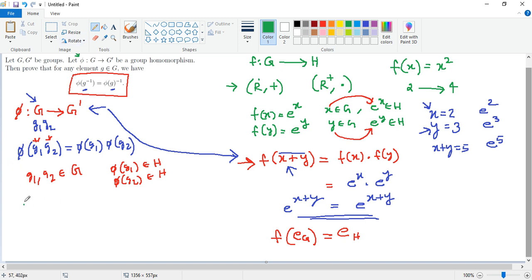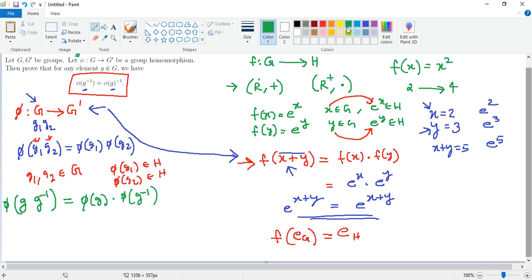We know that if G is an element of G, then G inverse will also be an element of G, because that's a property of a group. The element and its inverse should be in the same group. So if I apply phi to G times G inverse, since it's homomorphic, this should be the same as phi of G times phi of G inverse.